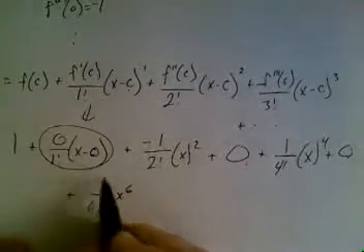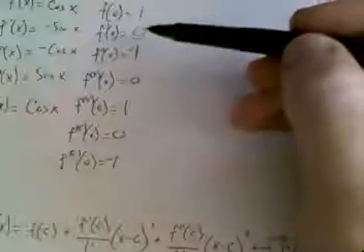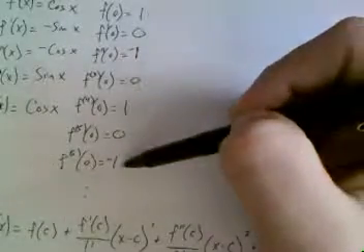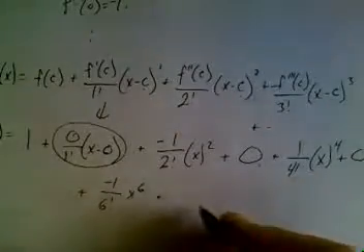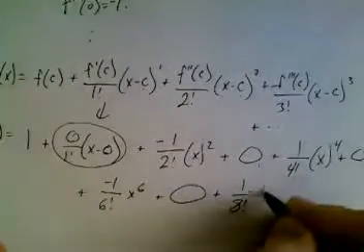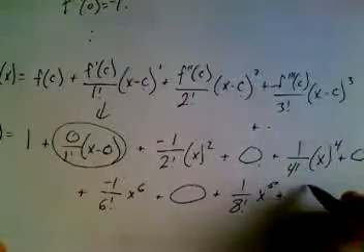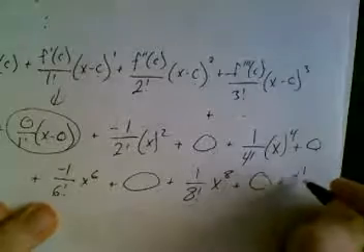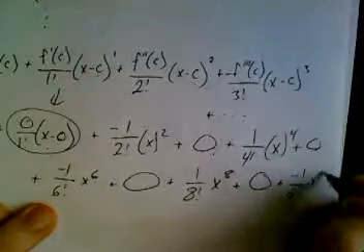And what should go up here? Well, remember, it alternates between 1, 0, negative 1, 0, positive 1, 0. 6 is negative 1. Okay. What about the seventh term? 0. Eighth term, positive 1 over 8 factorial x to the 8th. Ninth term, 0. Plus, I go negative, positive. This one should be negative 1 over 9 factorial x to the 9th.